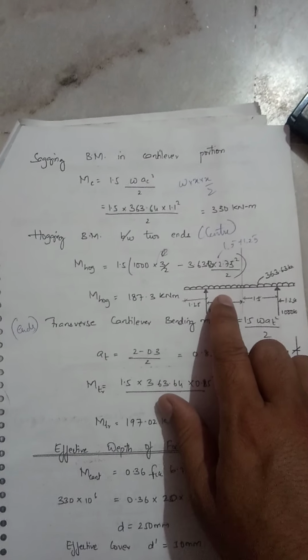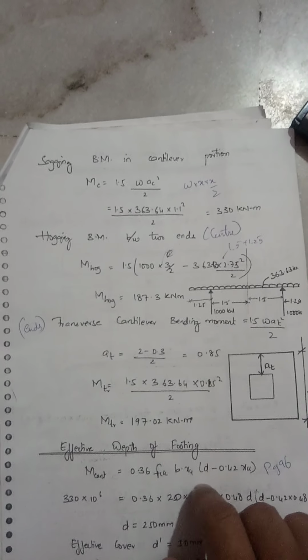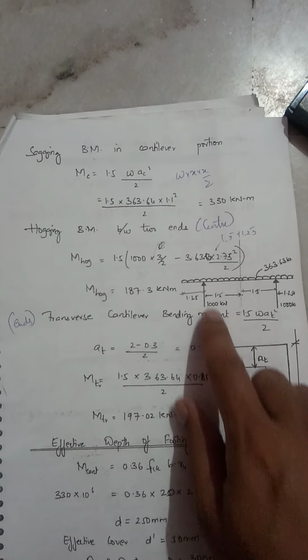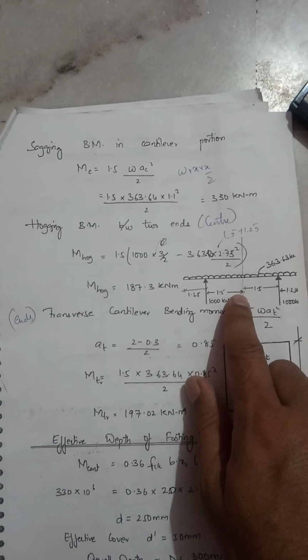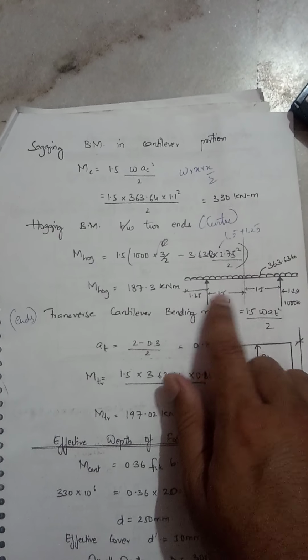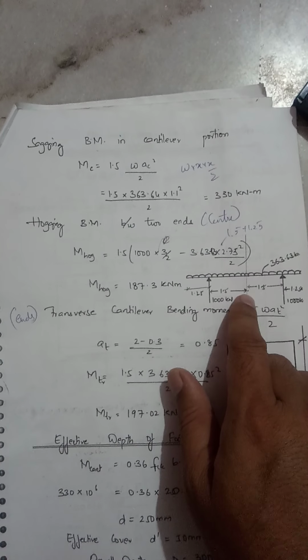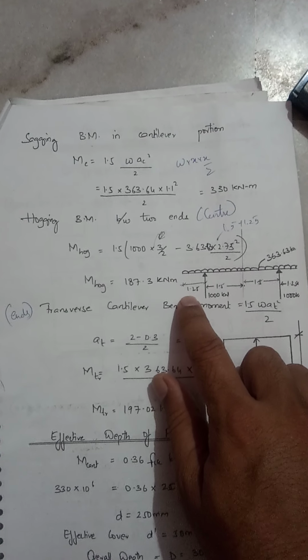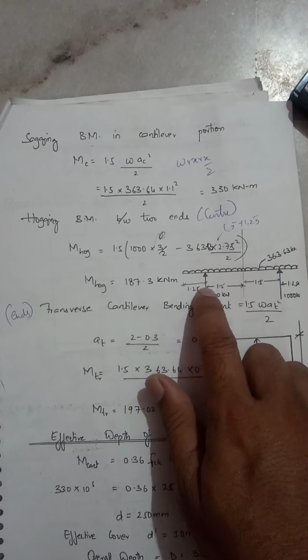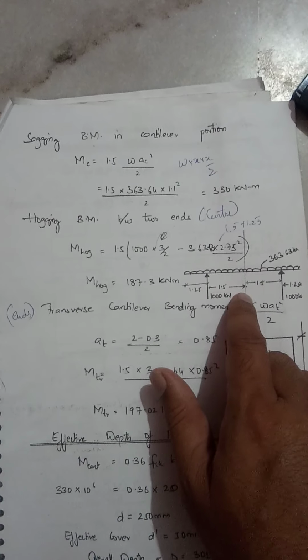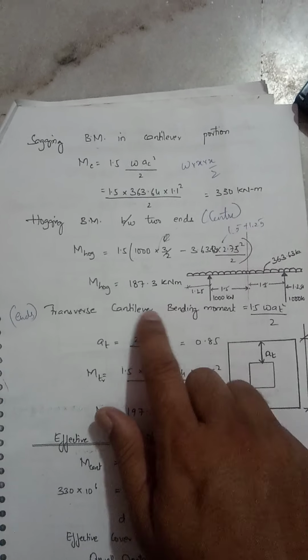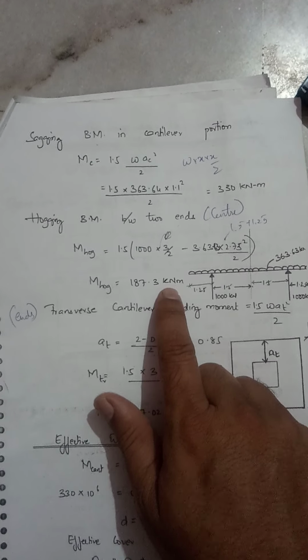How did we get 2.75? From the center I see 1.5, plus from this end 1.25, the face of the column projection A1. So 1.5 plus 1.25 is 2.75 squared. The hogging moment is 187.3 kilonewton meter.